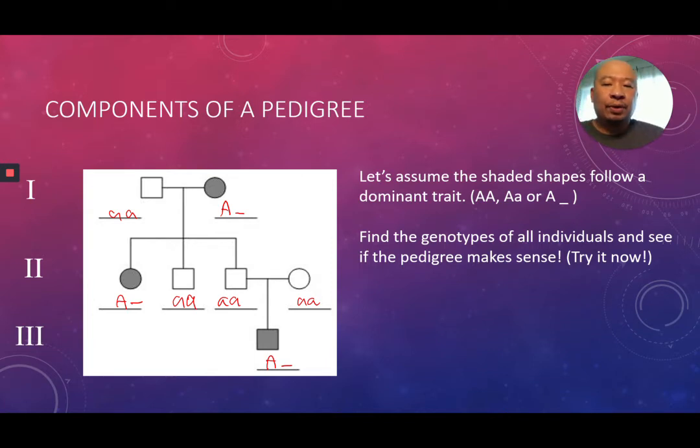At least this parent for sure we know is recessive, because that's all they could be under this assumption. Now this parent here has one dominant gene, so it's been shaded in, but you have to look at the children. Can these two parents create these three offspring?